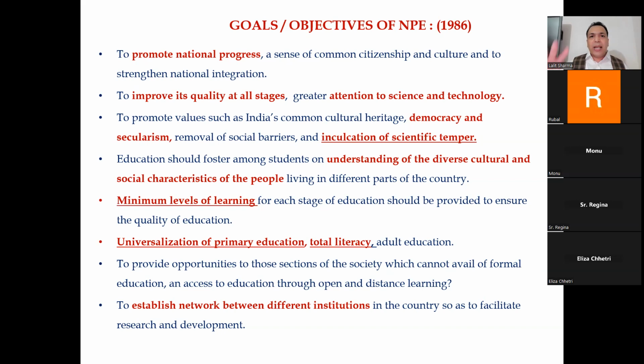Means all the children across the country. Now I'm using the words across the world, because globally many countries are coming ahead and promoting the universalization of elementary or primary education. This is a fundamental right of every person.